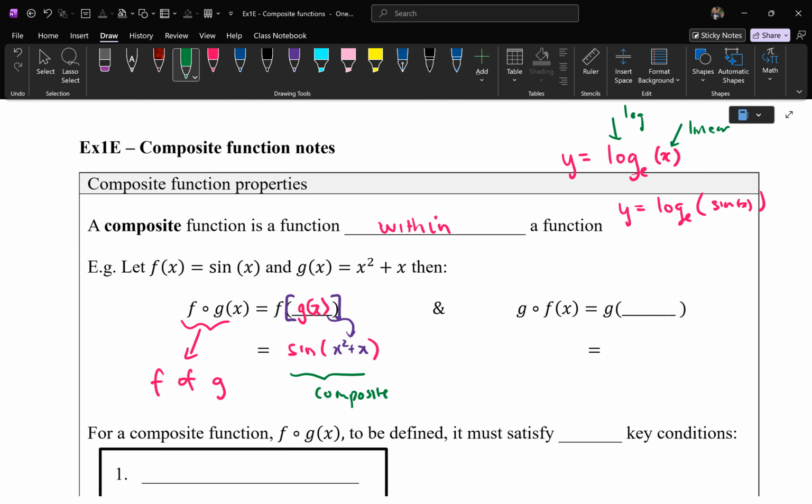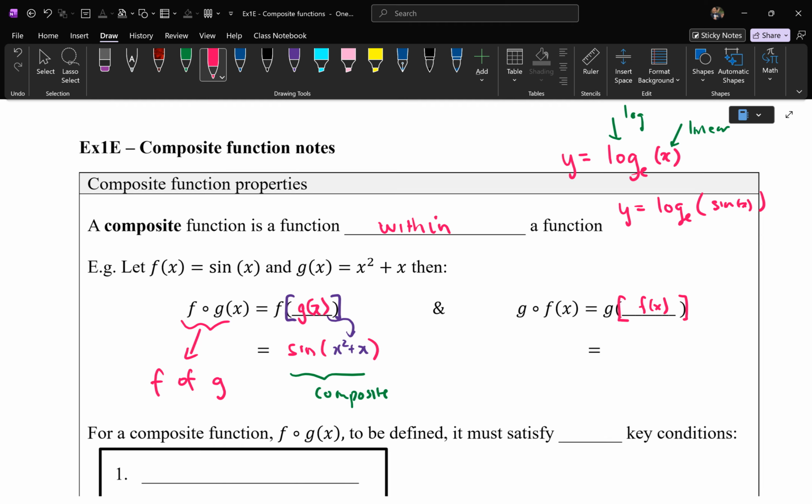But if you switch it around, if I said g of f of x, this now means for your g function, I'm going to substitute the function f inside it. So for all the x's, I'm going to replace that with f of x. So over here, I'm going to do square brackets again.